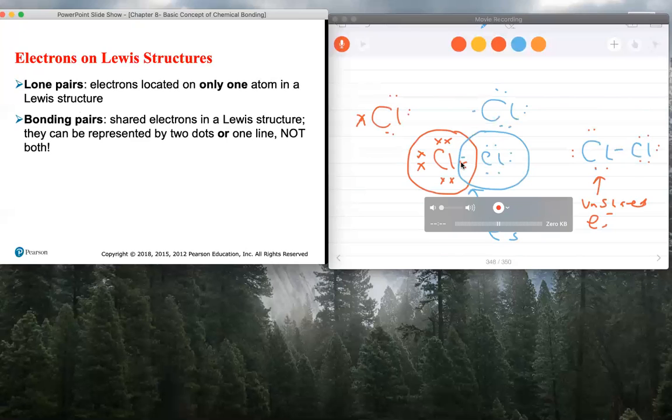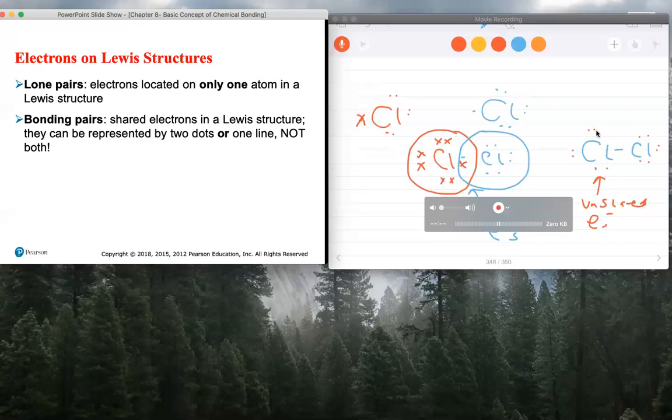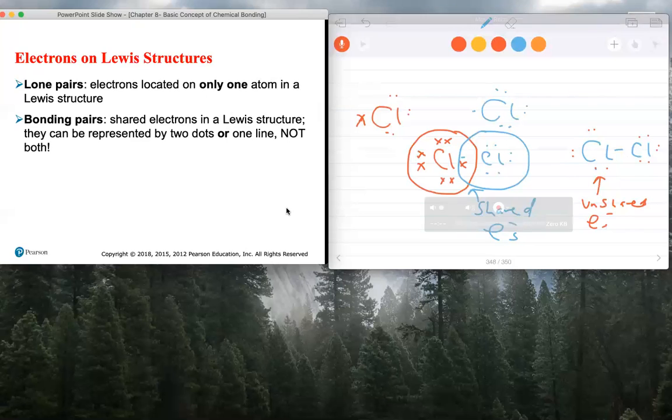Remember, a pair has two. Lone pairs are located on one atom. These are the lone pairs. The first chlorine atom here, 1, 2, 3, has 3 lone pairs. So in Lewis structures, note the 2 types of electrons.